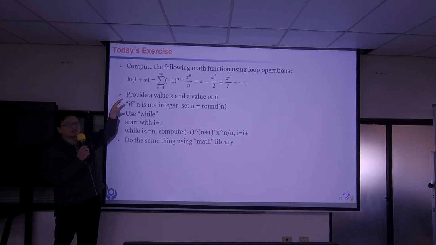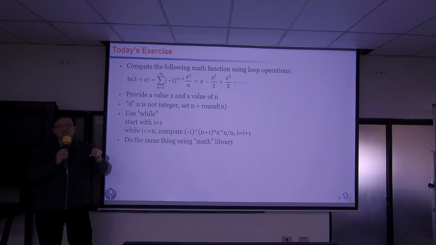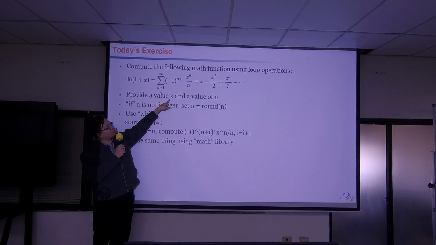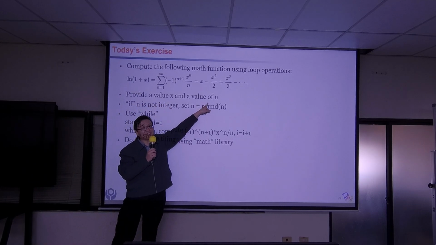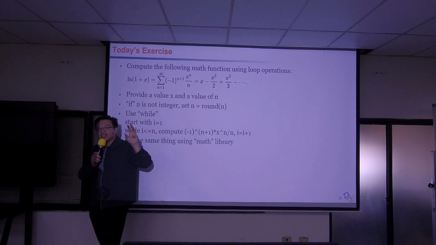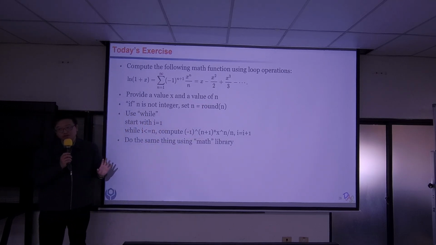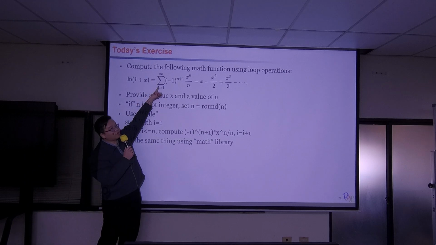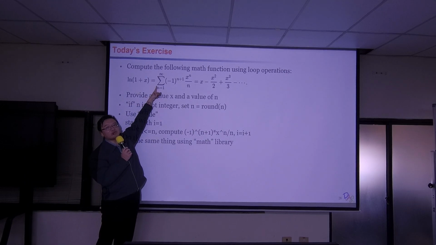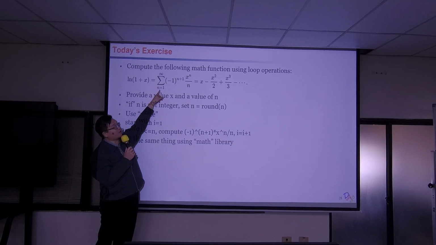First, inside the code, you are going to say a number x and give a number n. This number of n doesn't need to be an integer. But for the math, we need the index to be integer, right?